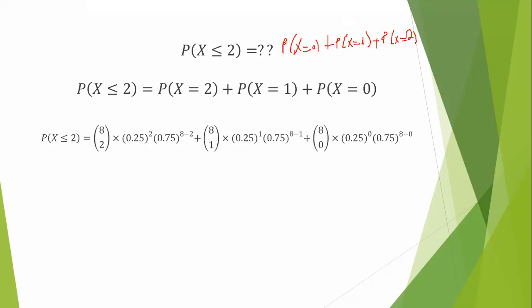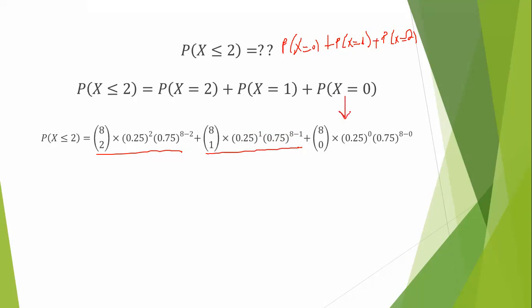So we shall have, for x equaling to 2, 8 combination 2, 0.25 to power 2 times 0.75 to power 8 minus 2. Then for probability of x equaling to 1, we shall have 8 combination 1, 0.25 to power 1, 0.75 to power 8 minus 1.